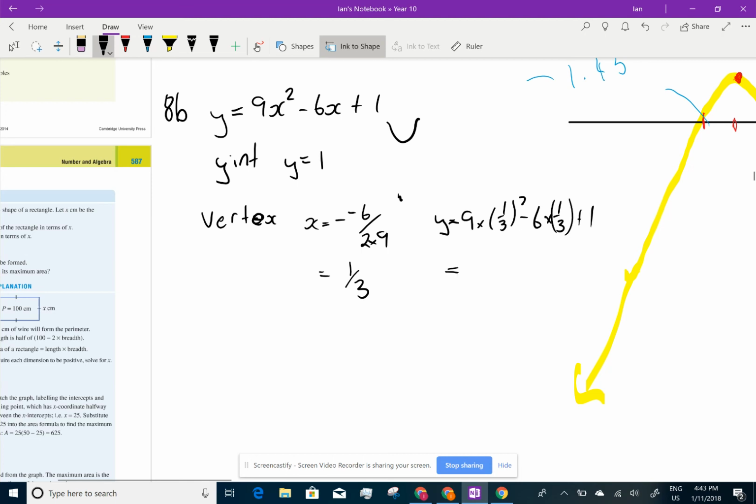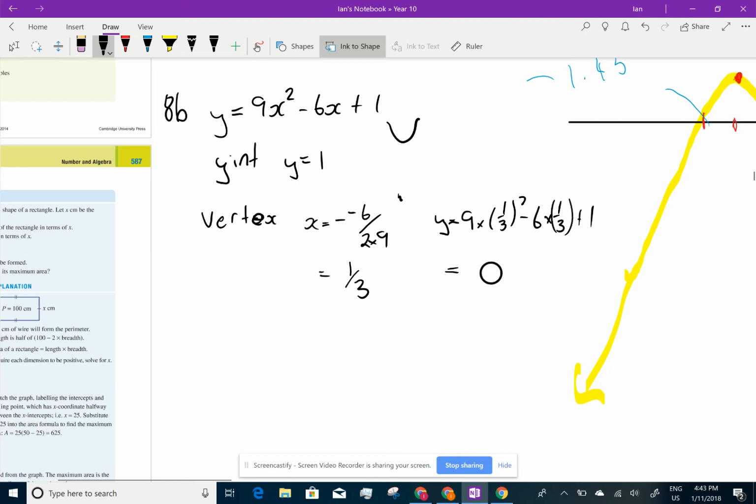Put that in your calculator. 9 times a third squared, I'm going to put that in brackets, minus 6 times a third plus 1. Oh, it equals 0.